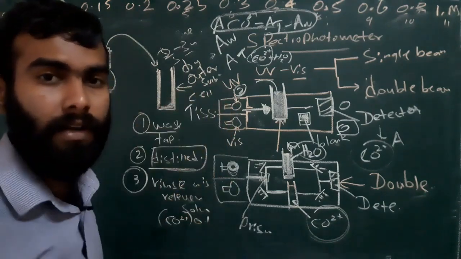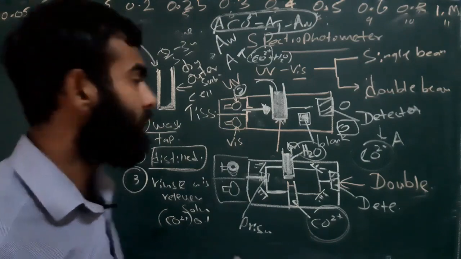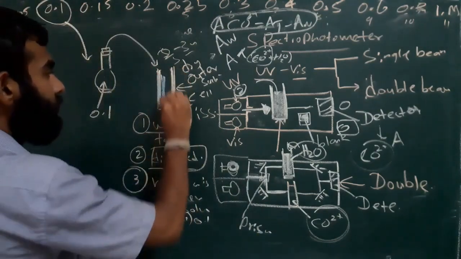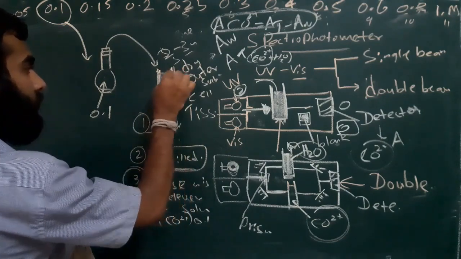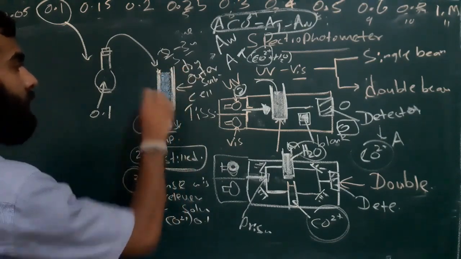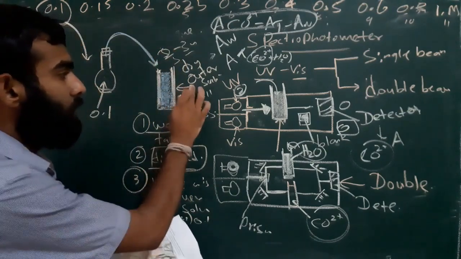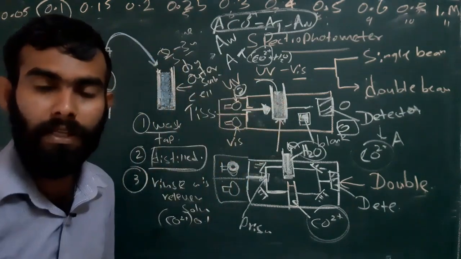Inside we rinse it with the relevant solution and we will pour our relevant solution into this cell. We will pour this solution and after that we have to dry before inserting into the spectrophotometer.